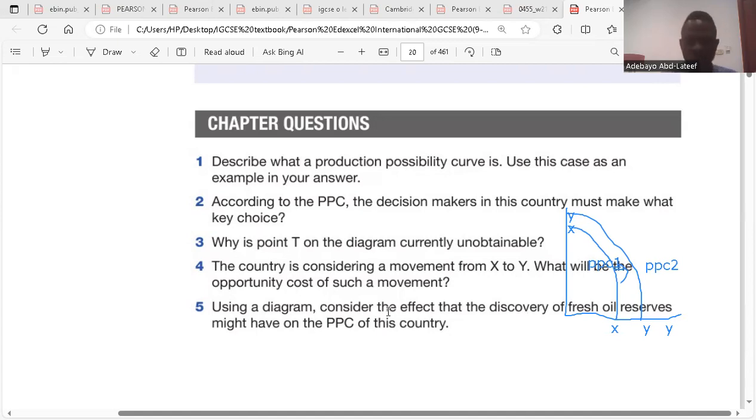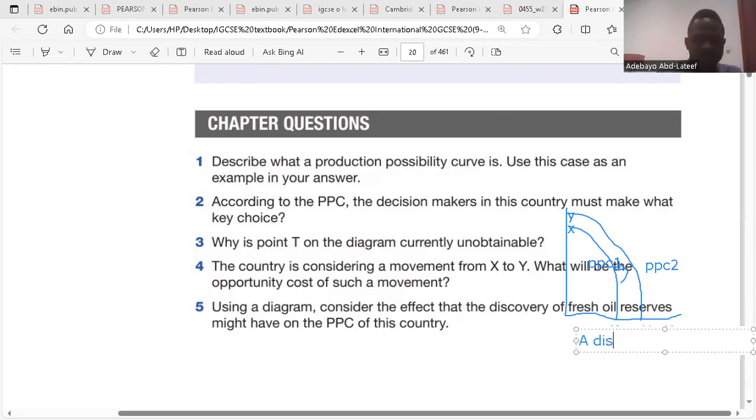So the analysis is this. A discovery of fresh oil will increase the production capacity of this country. As a result, the PPC curve will shift outward from PPC1 to PPC2. So I'm going to write the analysis here.